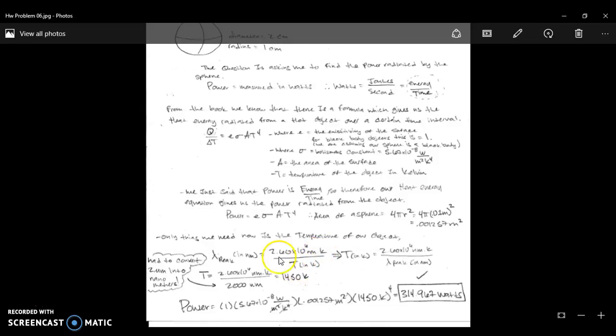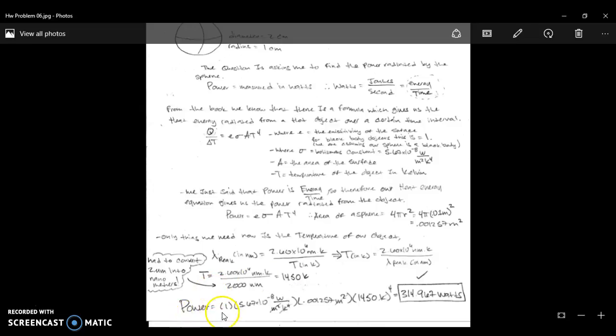Since we have the peak, we can use that to find the temperature, which I do here. The peak is given to you as 2 micrometers, so I had to convert that to nanometers in order to plug it into this equation. After doing so, I got that the temperature was 1450 Kelvin.